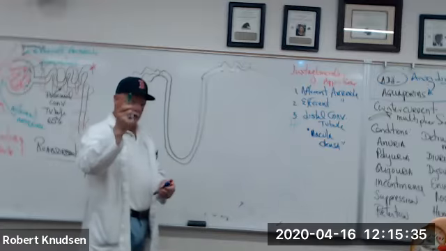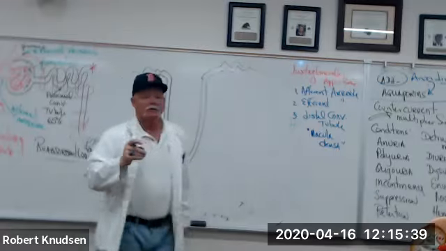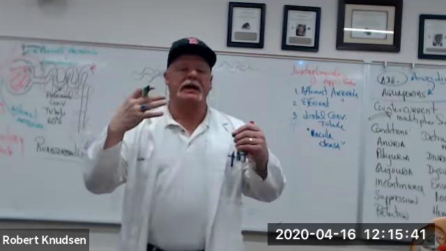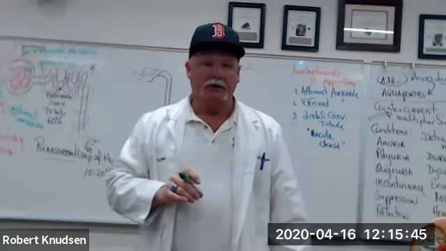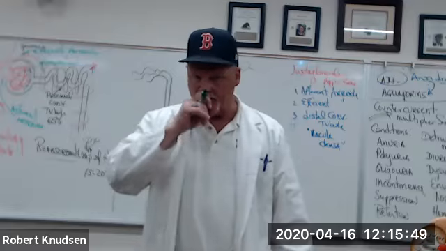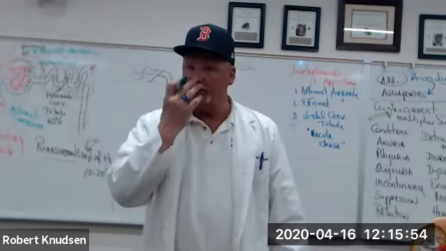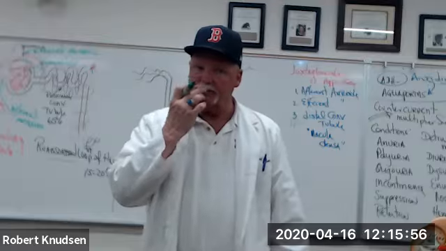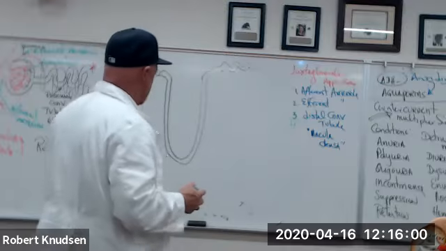I'm going to use green as sodium. Sodium doesn't just move because it has a charge to it. It doesn't move in and out of the cell very good. The phospholipid bilayer doesn't move out very good. What it has to be is pumped. And we know we have sodium, potassium, ATPase pumps, correct? If you don't know that, nod your head yes, because now you know it.